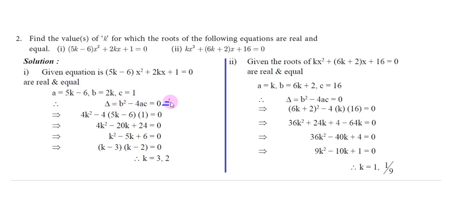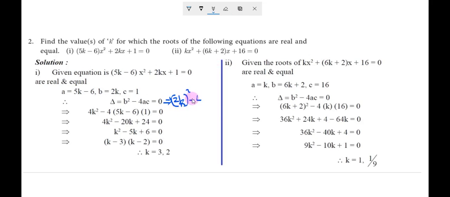The next step I write here, so you understand, b value 2k. Am I right? So 2k the whole square minus 4, a value 5k minus 6, c value 1, equal to 0.